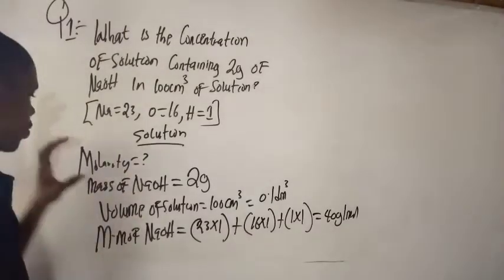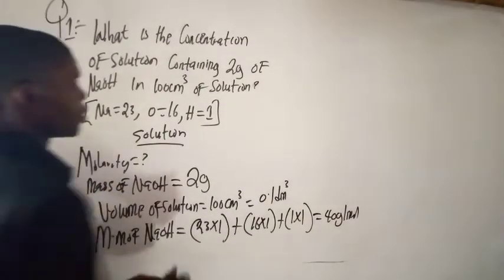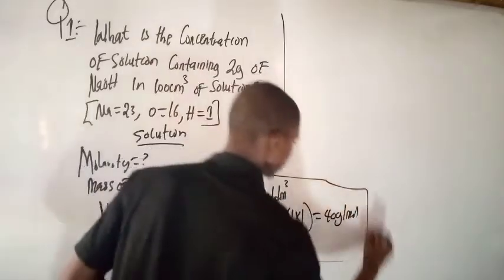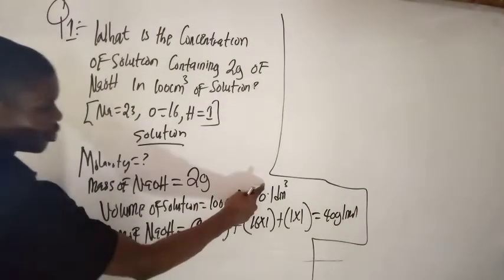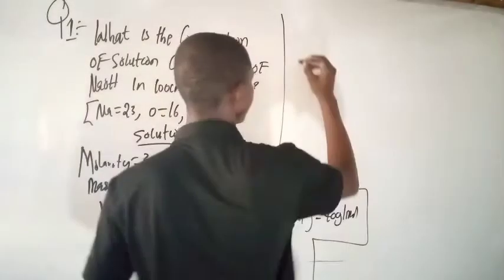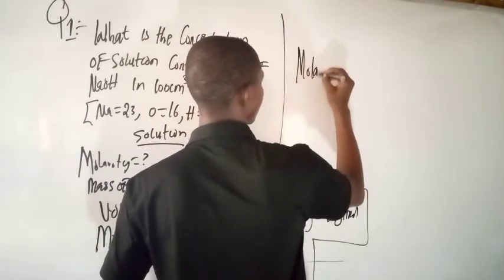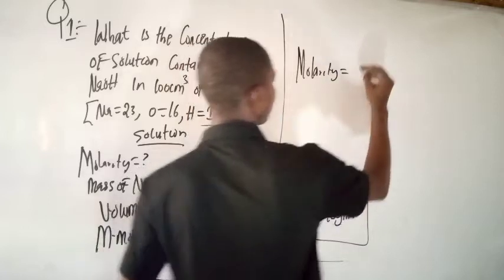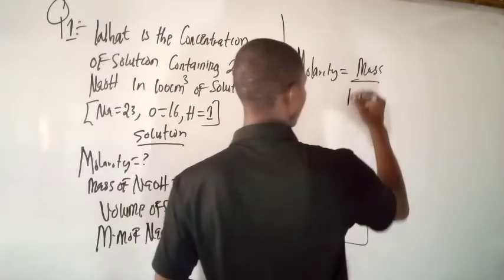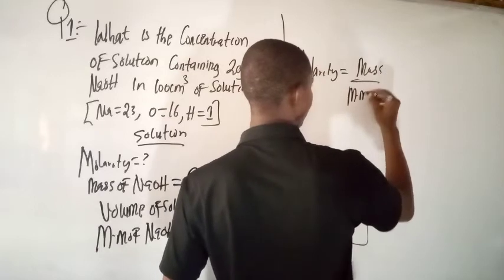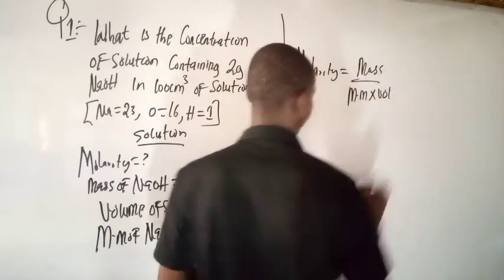So how do we calculate the molarity now? Since the mass and volume are given to us, we are going to use molarity equals mass over molar mass of the compound times volume.